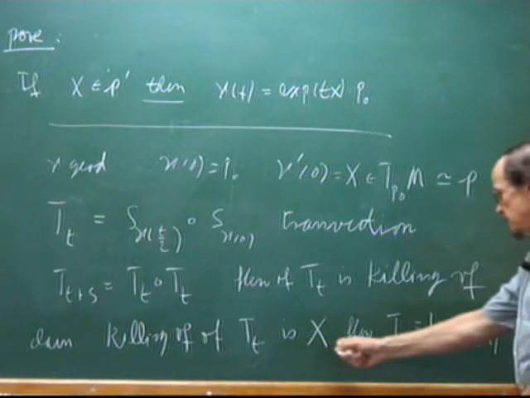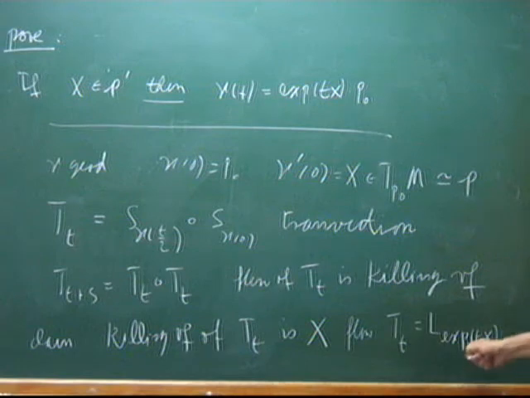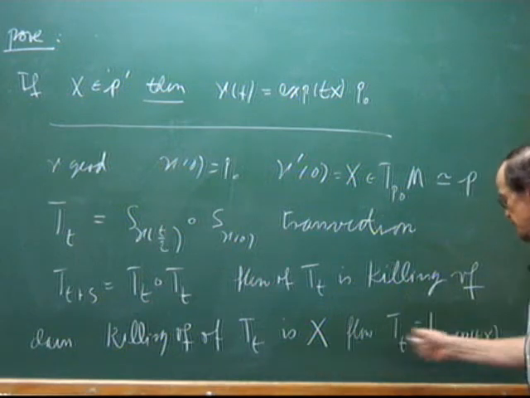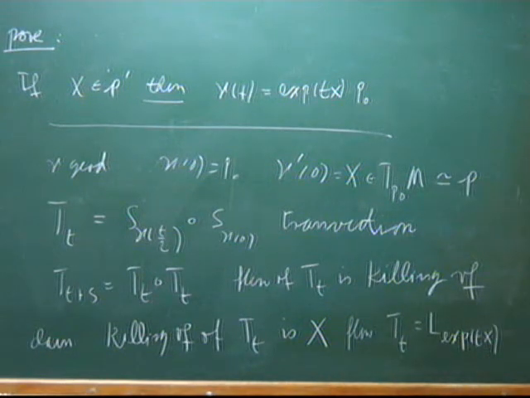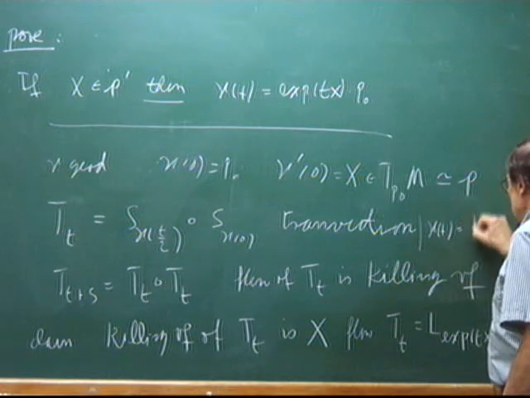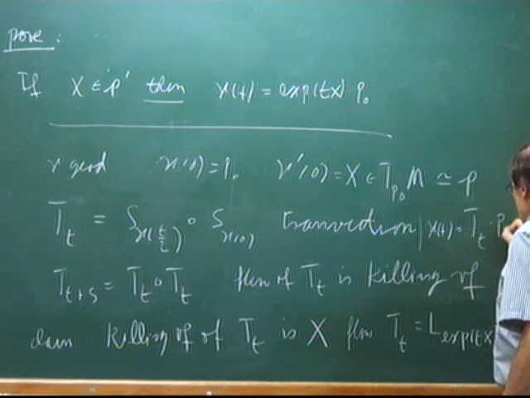Right, if X is my Killing vector field, then this one-parameter group generates a Killing vector field, and that's what I called TT. That's the one-parameter group that generates X, so TT would be left translation by X dx. And of course, another property of a transvection was that gamma T is then T sub T times P naught.